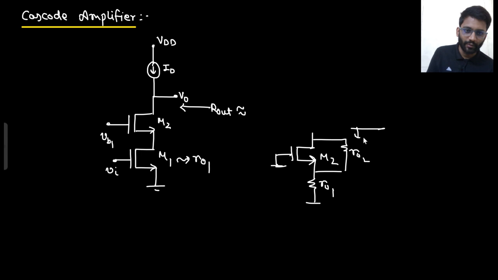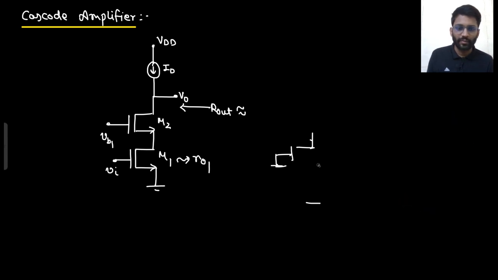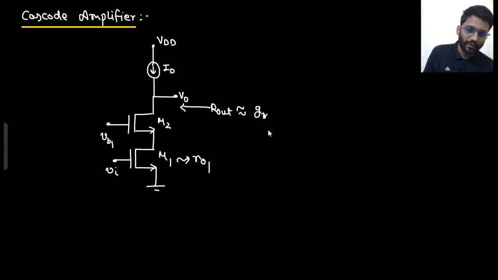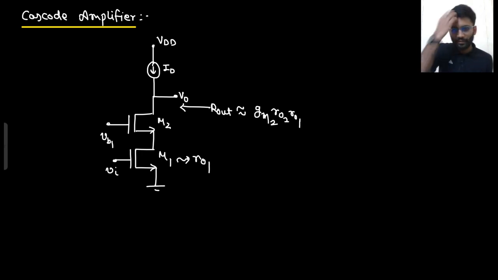So from here, what do you see? That is gm2 r02 r01. Right? You are going from drain to source, you need only one step. So the impedance would be nearly gm2 r02 r01.